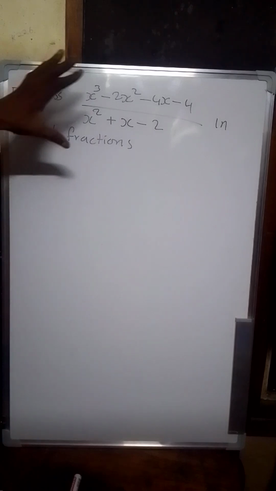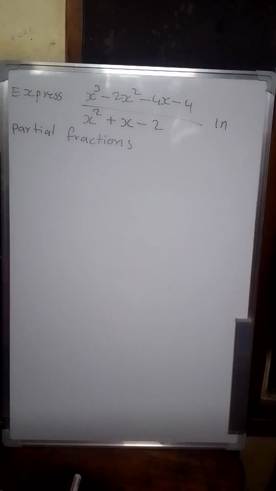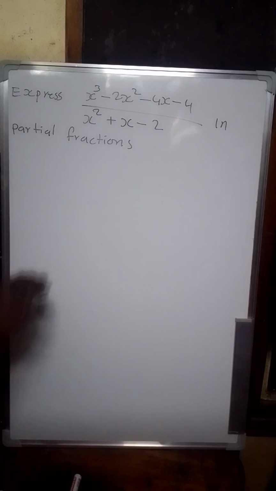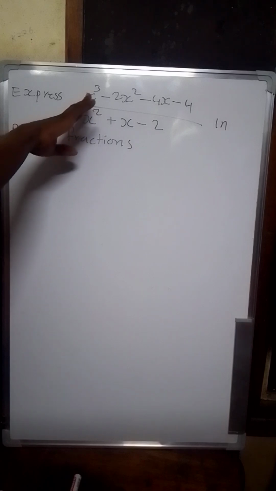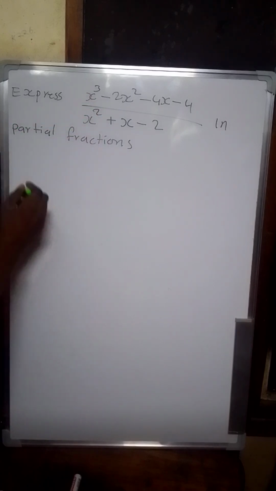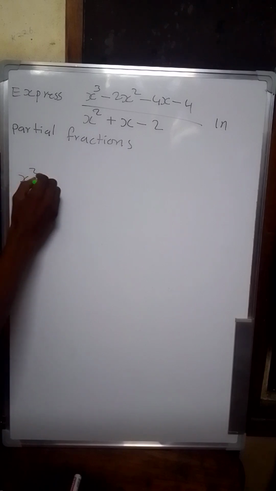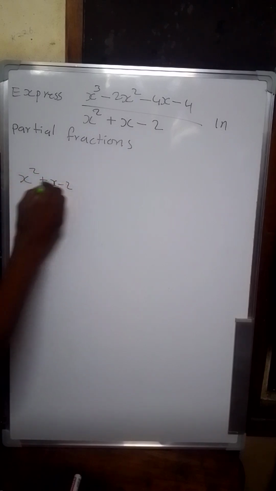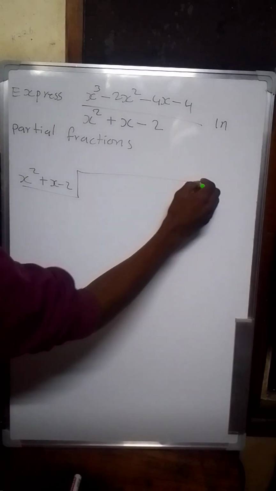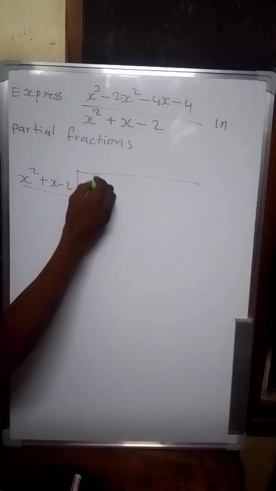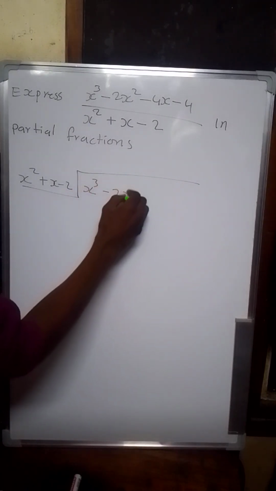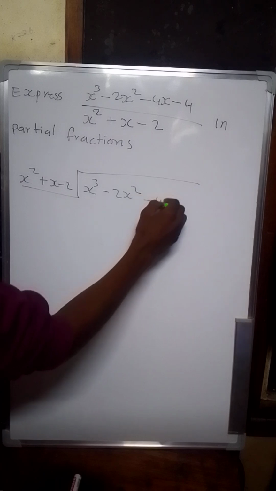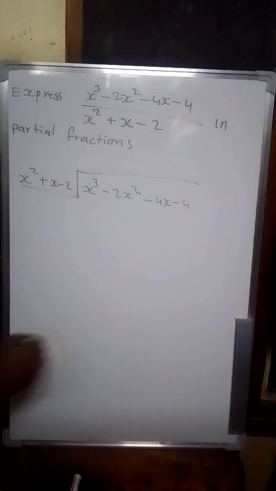decompose this fraction. Decomposing this fraction, the first step is that we have to divide. So we have x squared plus x minus 2 here, divided into x to the power 3 minus 2x squared minus 4x minus 4.